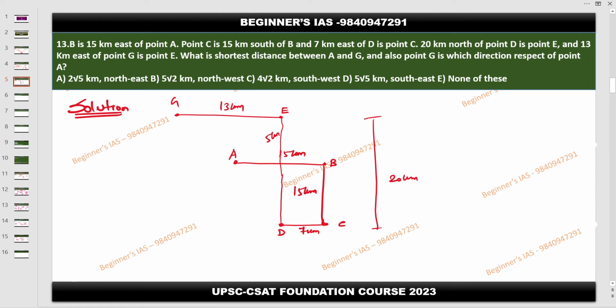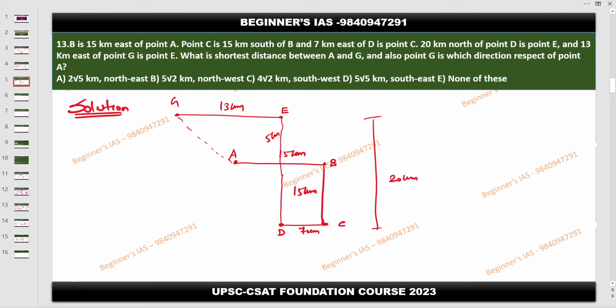Now the question is, what is the shortest distance between A and G? This is the shortest distance. Yes or no? Yes, sir. So this is the shortest distance. Okay.